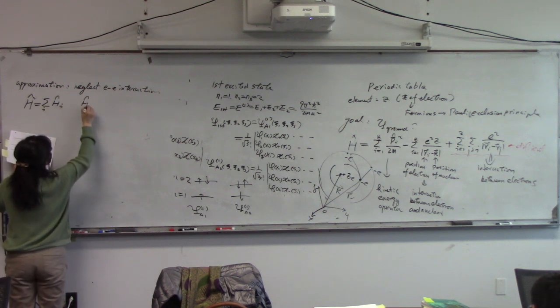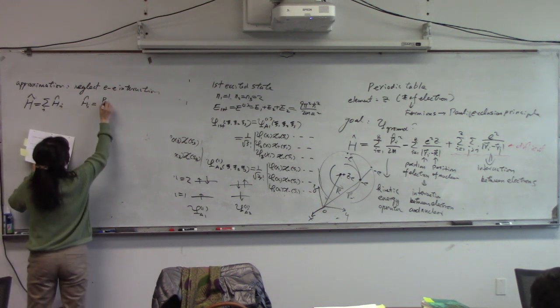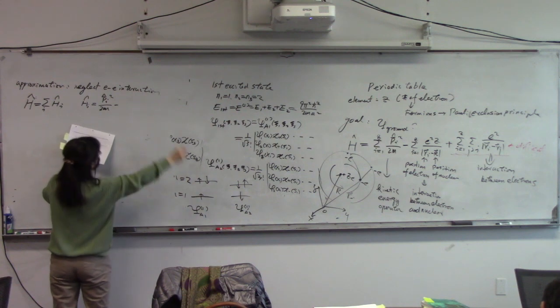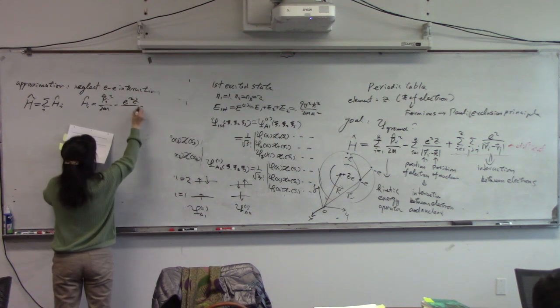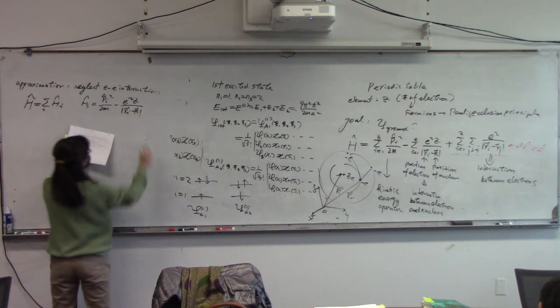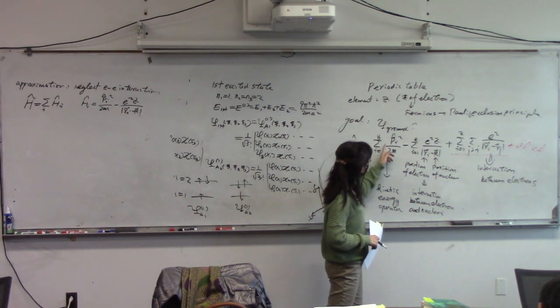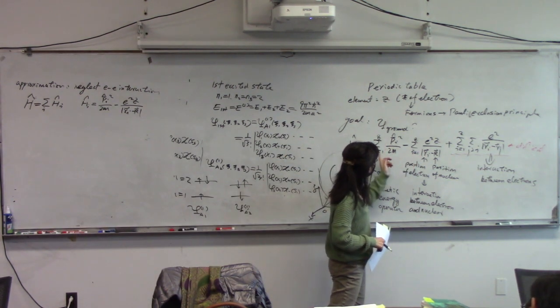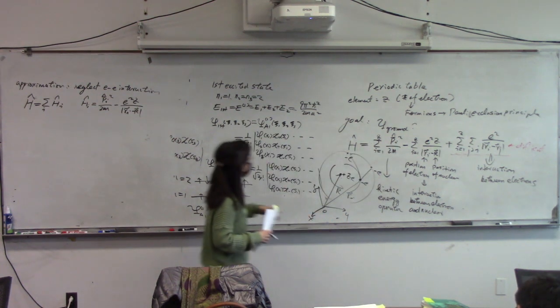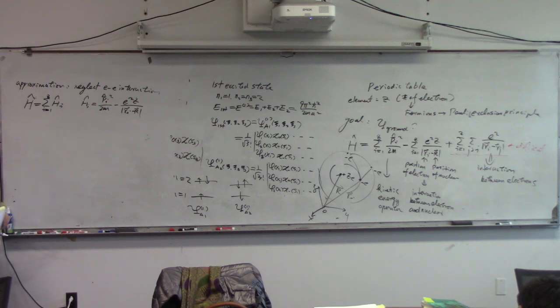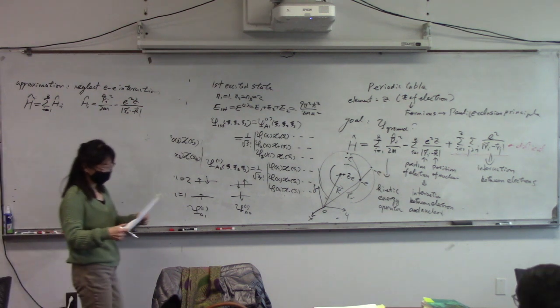Here, the individual Hamiltonian is the kinetic energy operator plus this electron and nuclear interaction, right? Since now this summation is over individual terms, that can be separated. Then each one we can solve, right?